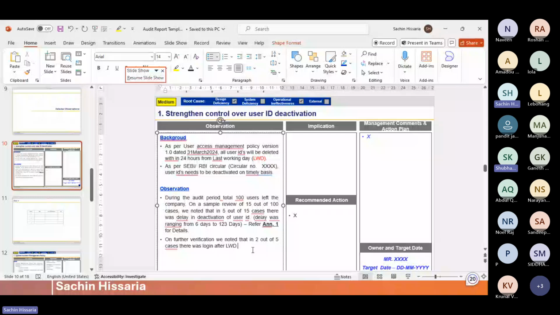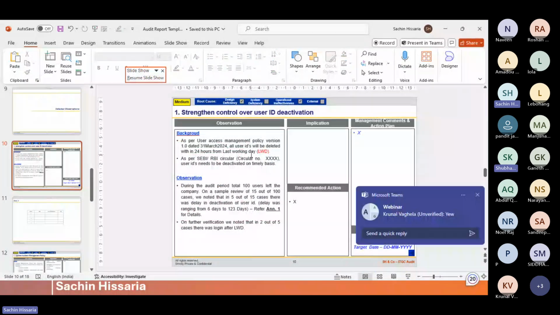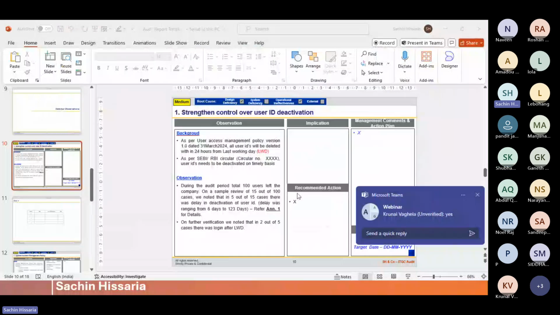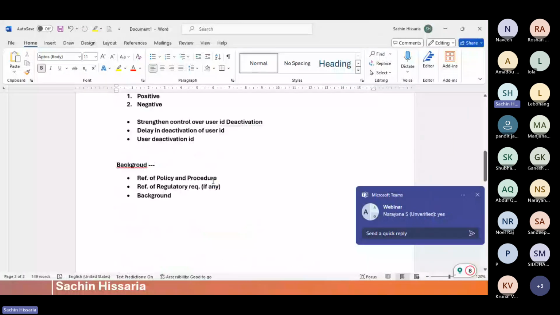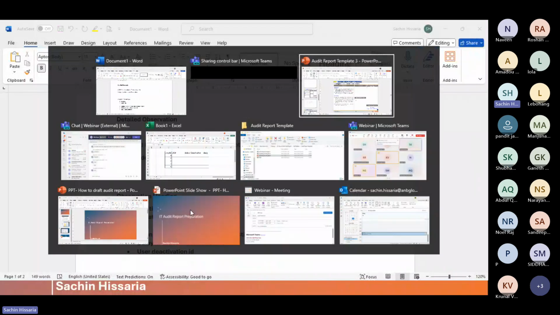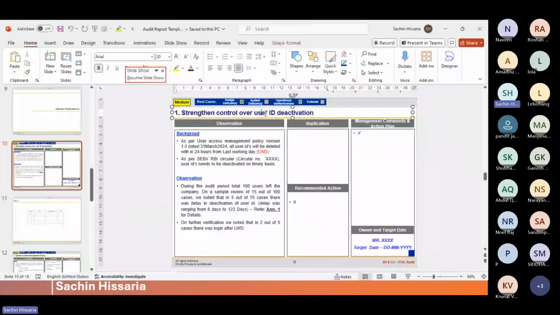Okay, so let me summarize my points, guys. What you need to consider while writing an observation: try to bring out all the facts which are necessary for understanding your observation. Try to collect all the relevant information. For example, in this case, there was a delay in the user ID deactivation, so we collected all the information around it.